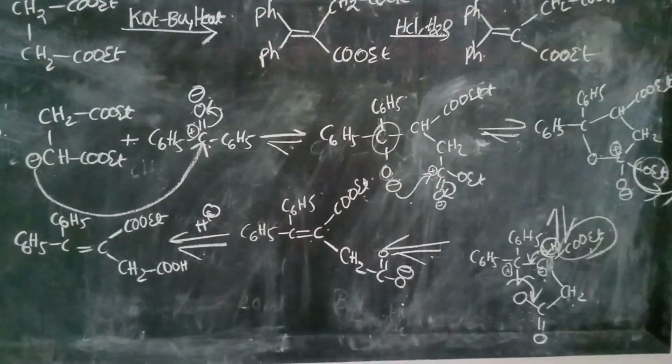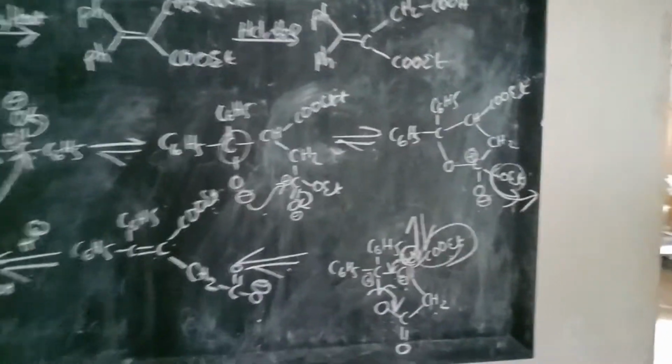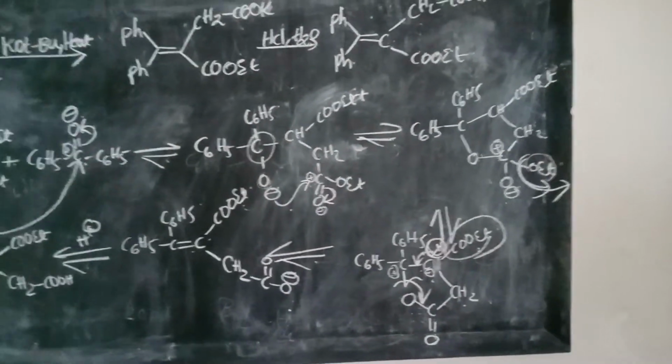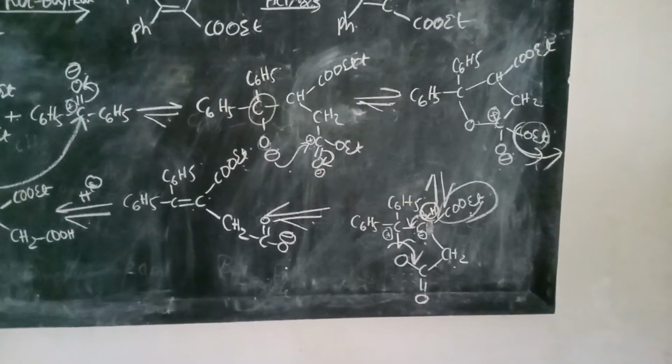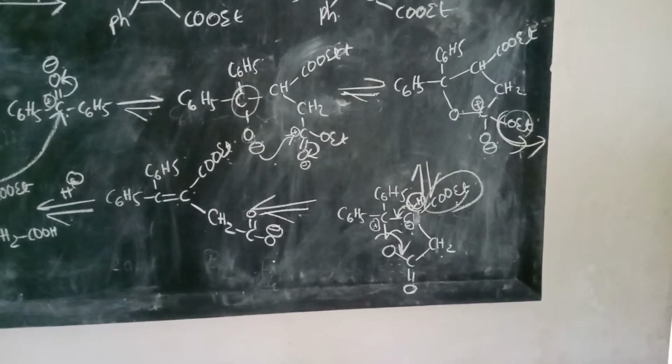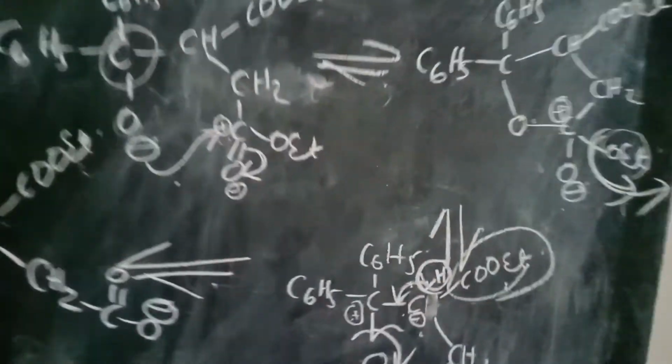In the next step, rearrangement takes place and forms another intermediate like this. In the next step, elimination of the ethoxide group forms a compound like this.